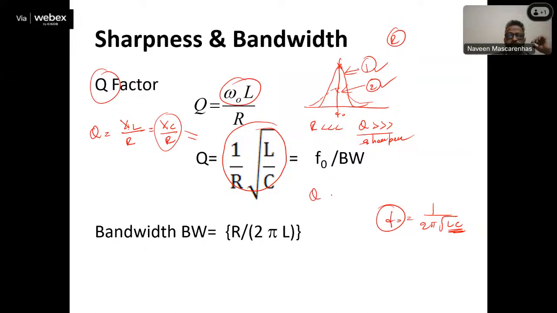And yes, whether Q and bandwidth are related, yes, Q is f naught by bandwidth.